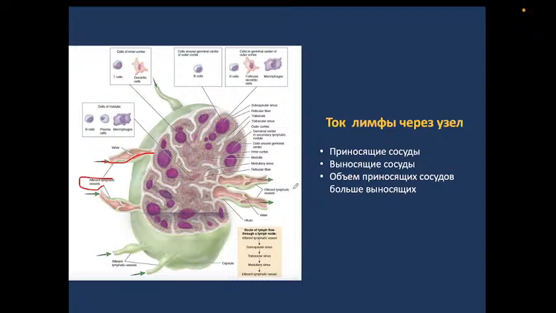But there are also efferent lymphatic vessels in the node, which are usually located in the hilum. This is a place for entry of blood vessels.